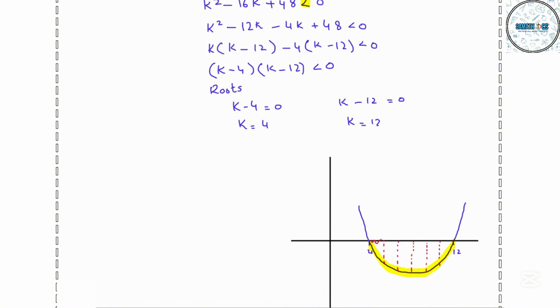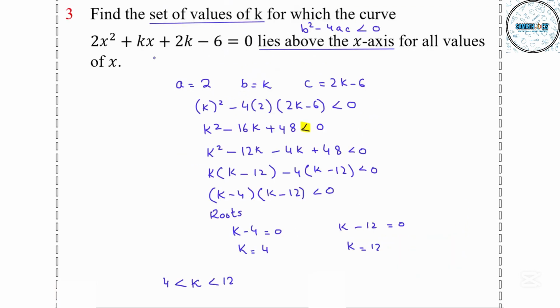So these are the values which satisfy this inequality. So we can write the solution set as k is greater than 4 and less than 12. So the set of values of k for which the curve lies above the x-axis are greater than 4 and less than 12.